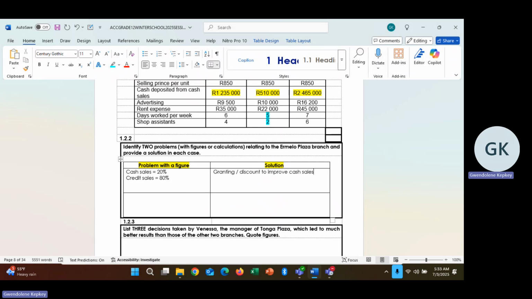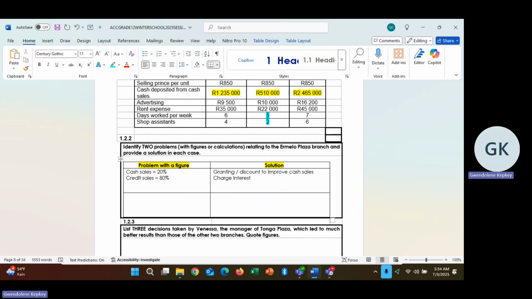The minute a client sees that he or she is going to pay less, they would consider to buy cash or purchase for cash. So you grant a discount to improve your cash sales, okay? Then the other point, you could, and you actually must do according to the Act, you have the right to charge additional interest on an item that is purchased on credit.